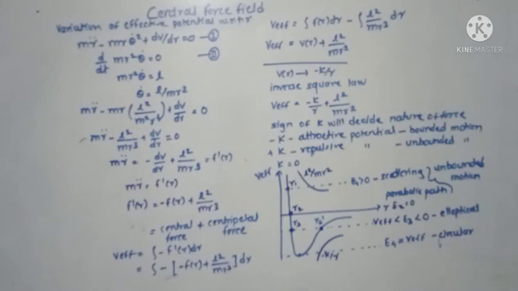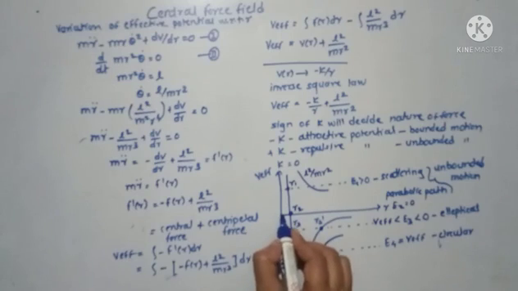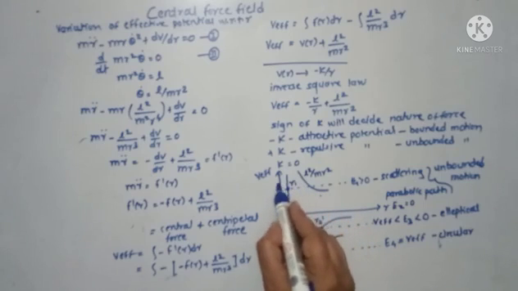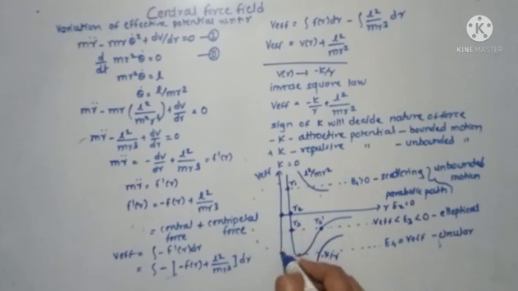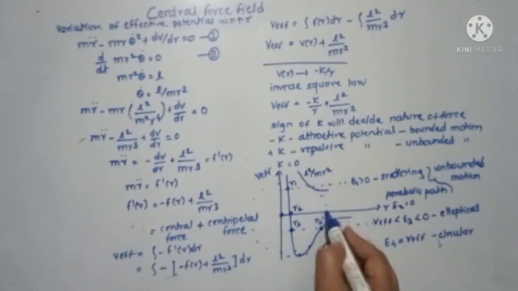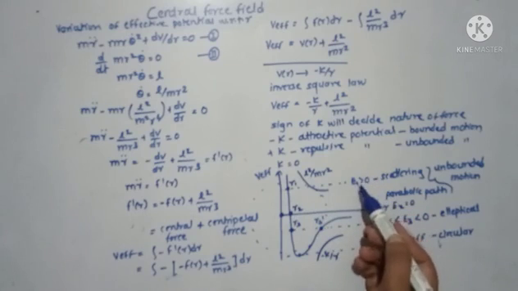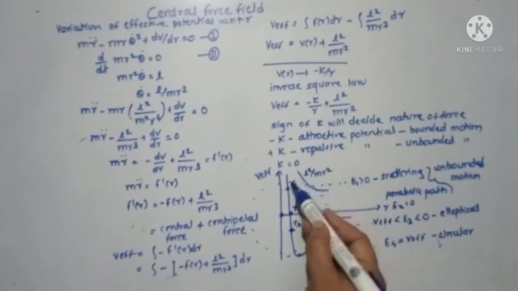Now see here, whenever a particle is entering into the central force field, suppose this is the center of the central force field and this is its potential field. If a particle comes inside this potential field with energy E1 greater than 0, it will just be scattered from here.